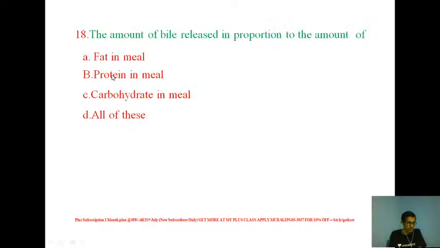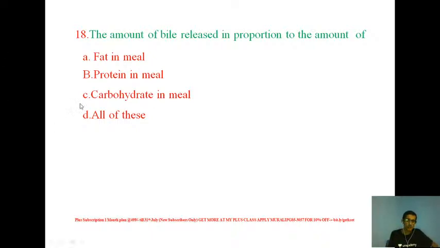Next, 18th question. The amount of bile released is in proportion to the amount of what? Bile juice is going to be secreted, isn't it? So the amount depends upon the amount of what? Fat in meal, protein in meal, carbohydrate in meal, all of this. What is the importance of bile?